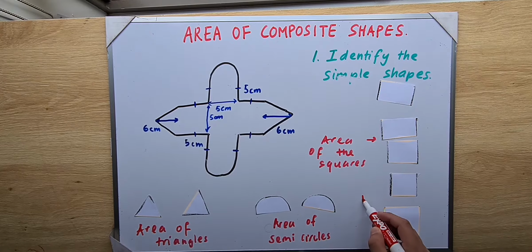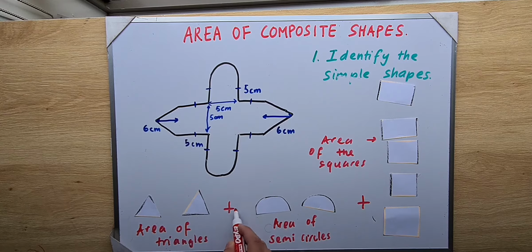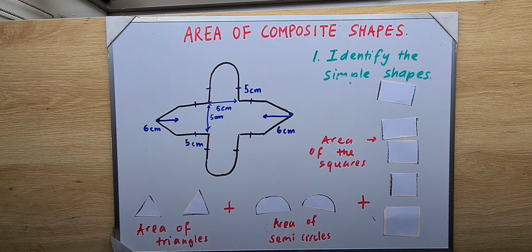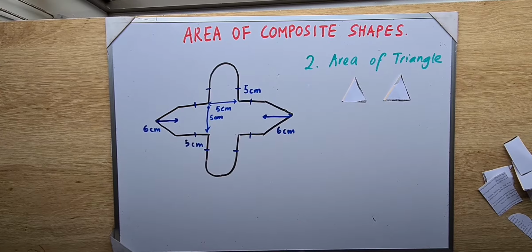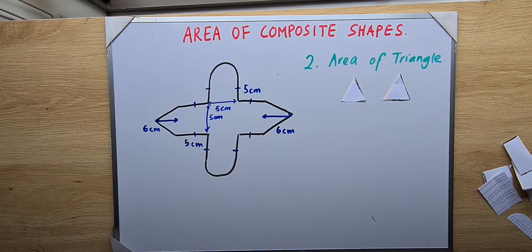Once I do that, I'm going to add them all together, and that will give me the total area of this composite shape. So let's do that. So first of all, I'm going to calculate the area of the triangle.